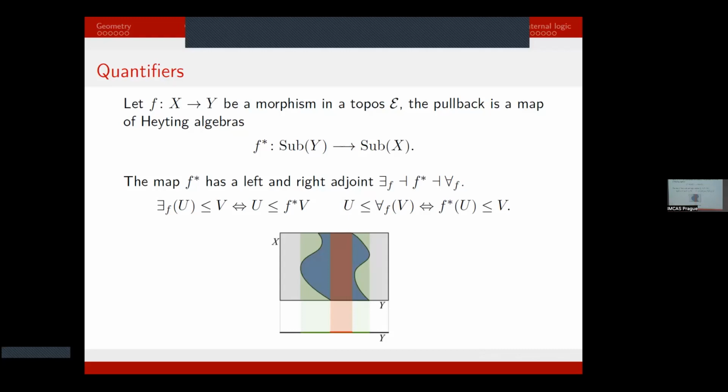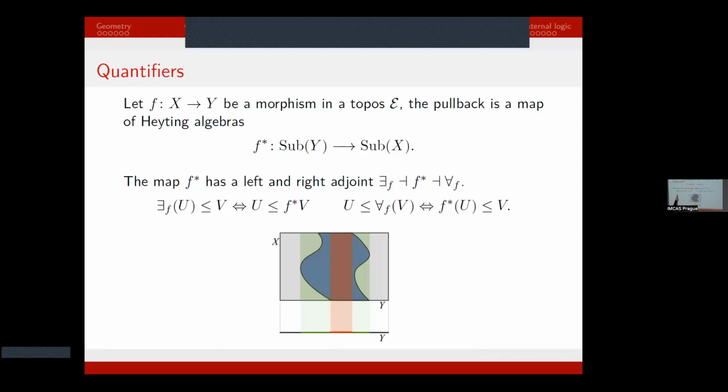Then let's study in particular the only case that we will use, which is the projection, the case where F is a projection from X times Y, which is this square, to Y. So we forget the information of X. Now the pullback takes an element in space in Y and brings it to the whole stripe above this space.